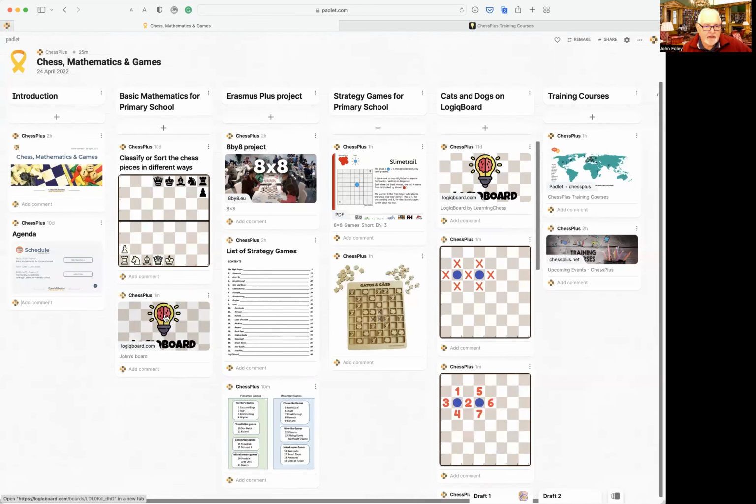Okay, so what do we mean by strategy games? Well, I think we're familiar, of course, with games like chess, and a game like chess is a strategy game in the sense that, first of all, there's no luck involved in the game. It's not a game of dice. It's not a game of chance, not with cards.